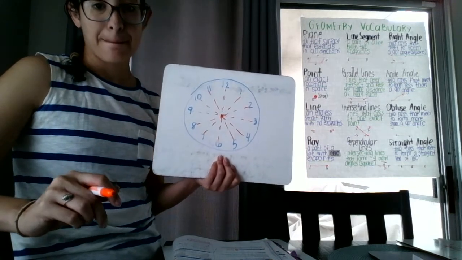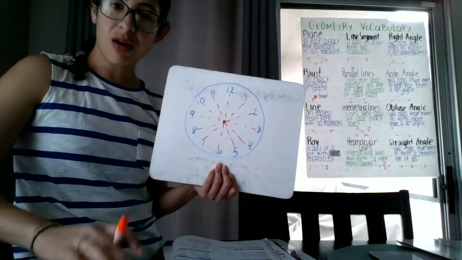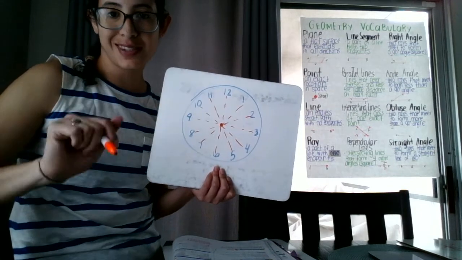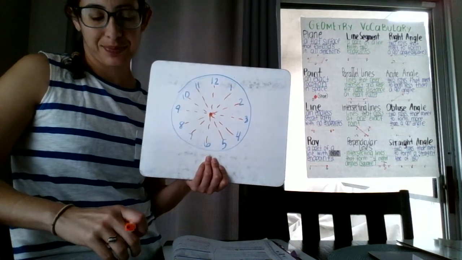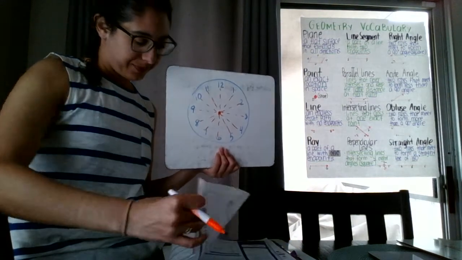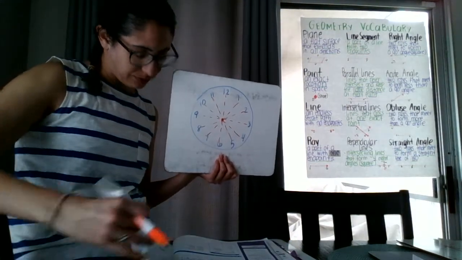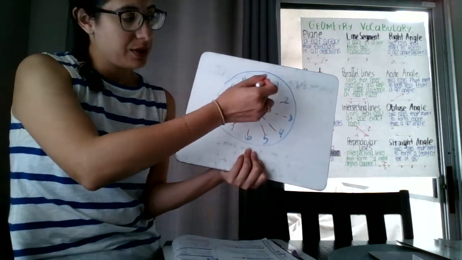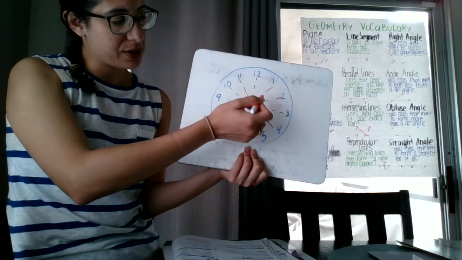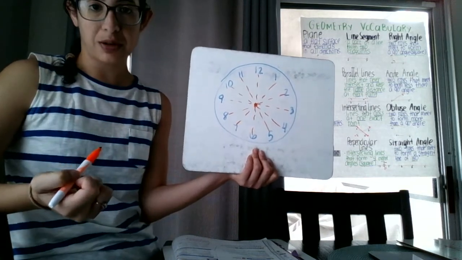But it can also be broken up into 60 parts. Why? Okay, so this clock has 12 numbers on it, so it's broken up into 12 equal angles.